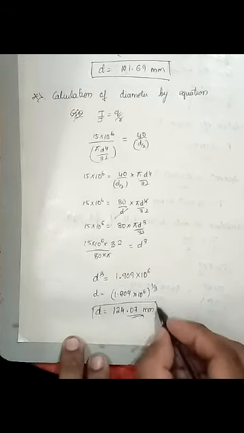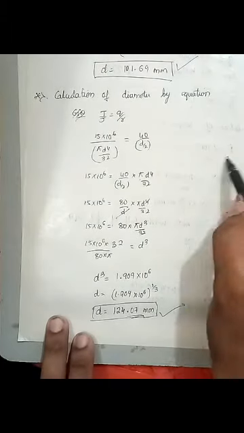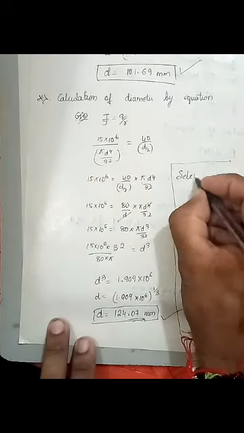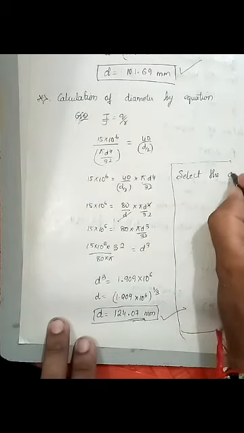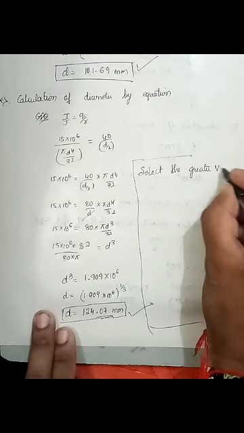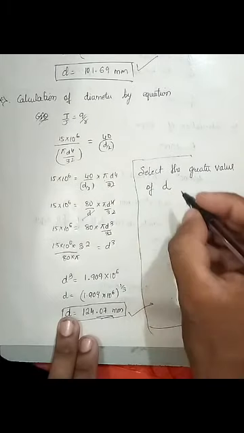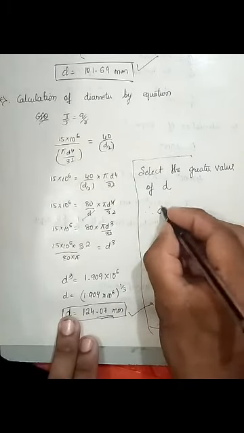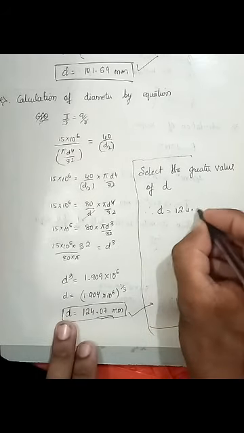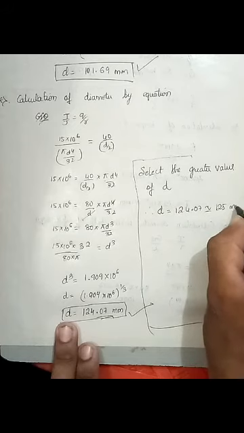So I have two d values now, this as well as this. Out of this, finally we should select the greater value of d. So therefore d is equal to 124.07, approximately equal to 125 mm.